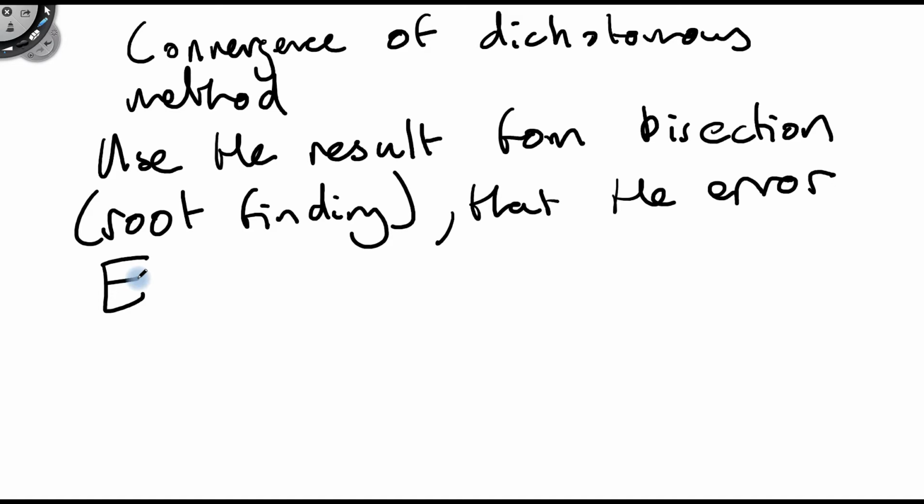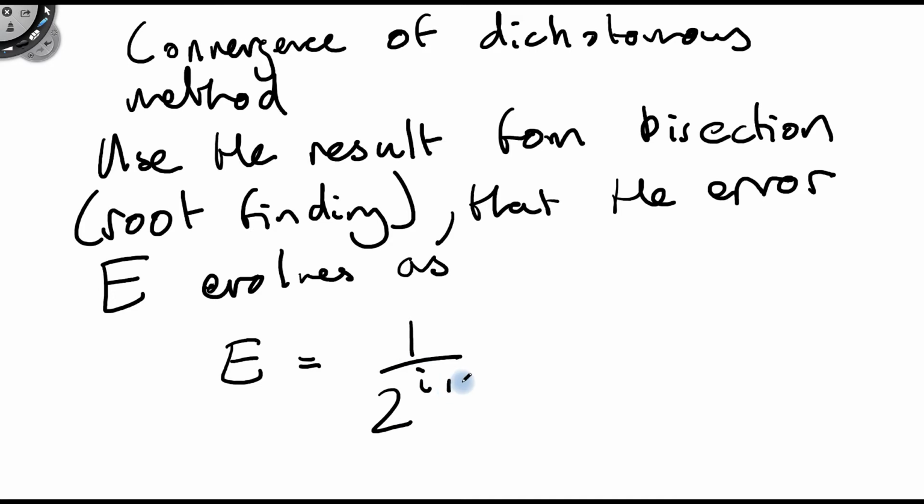Sorry, not epsilon. It's clearer using this. The error evolves as E_i, so i is just our step here, by the way. 2^i plus 1. i is just a step.